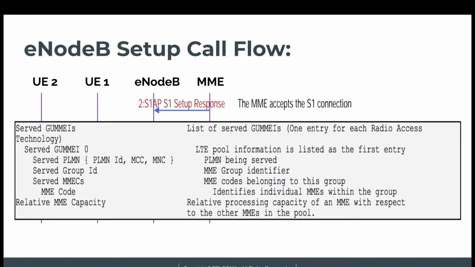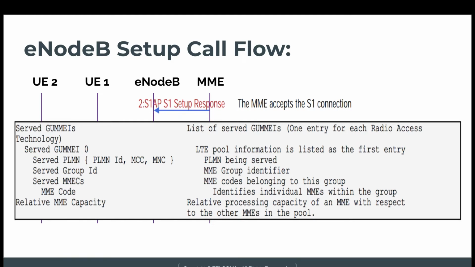Then it shares the LTE pool information, PLMN, MME group identifiers, and the MME codes. This is the information provided by the MME to the eNodeB for the S1 setup. So the eNodeB requests the information, and the MME provides it with the response message. In this way they make the S1 setup connection between the eNodeB and MME.